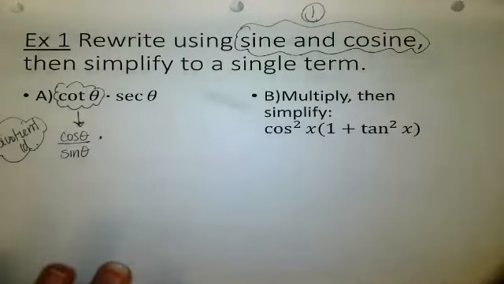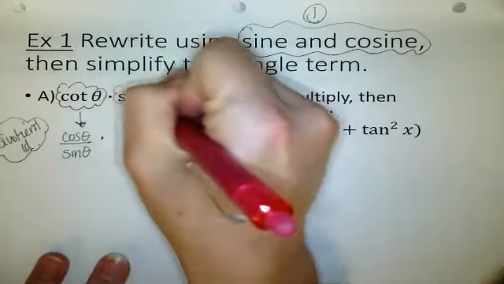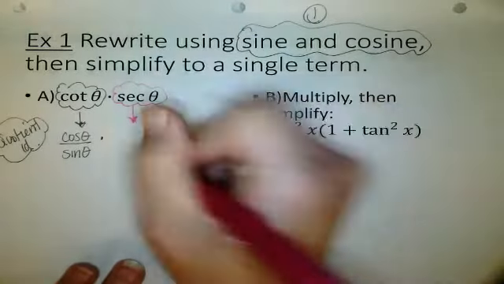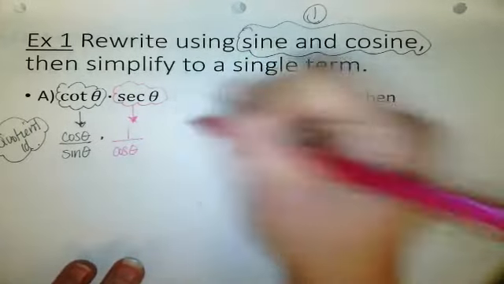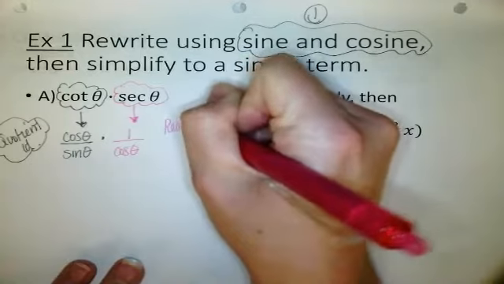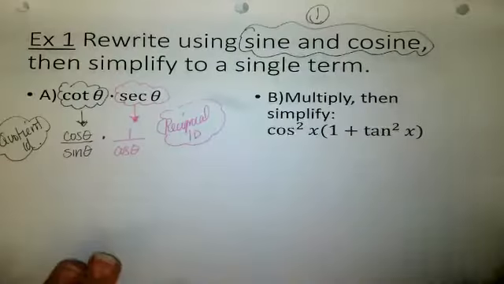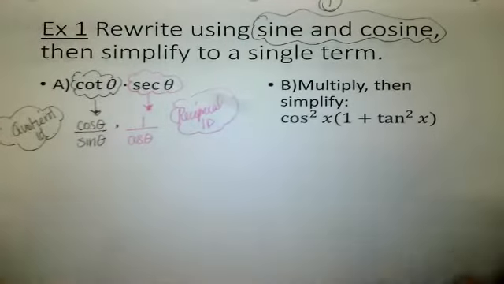And again, secant is not in terms of sine or cosine, so I could rewrite that as well. What can I trade secant in for? 1 over cosine of theta. What is that called? Reciprocal identity. So again, these are all identities from that page, what is it, 372 or something like that?